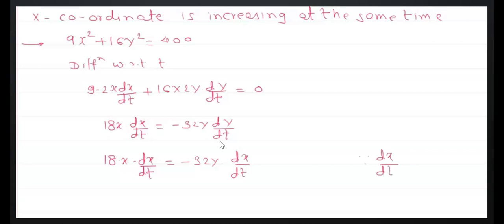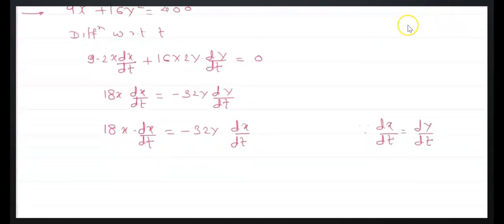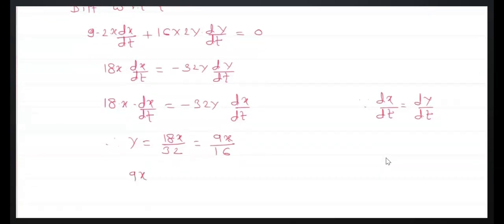Again I am repeating here, it is not the same time, it is the same rate. Therefore the value of y is 18x upon 32, which is equal to 9x upon 16.